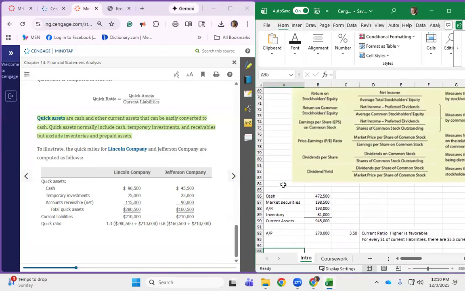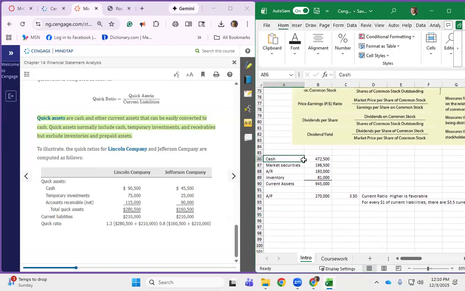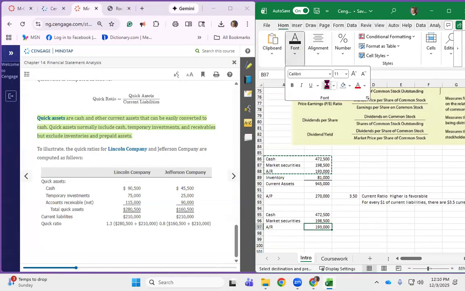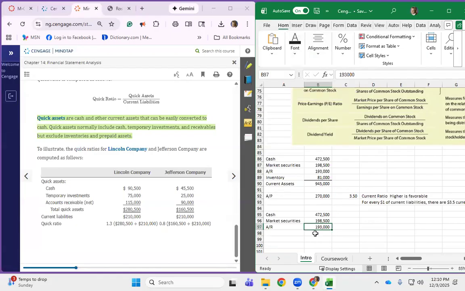So I'm just simply going to copy this and put it in, and then add it up. Our quick assets are 864.